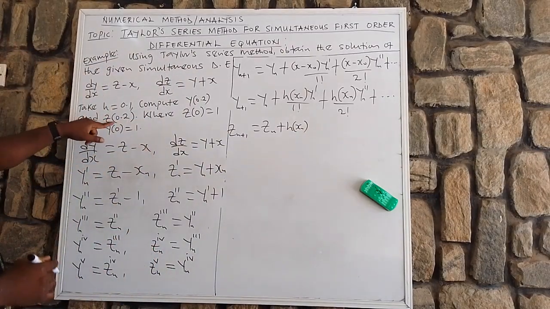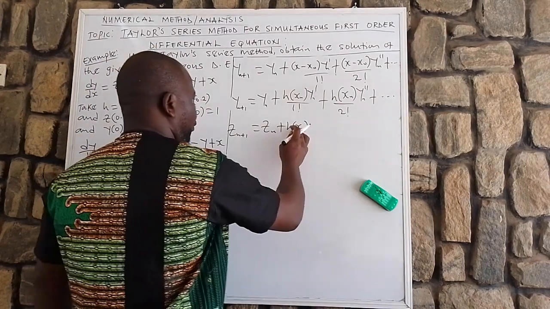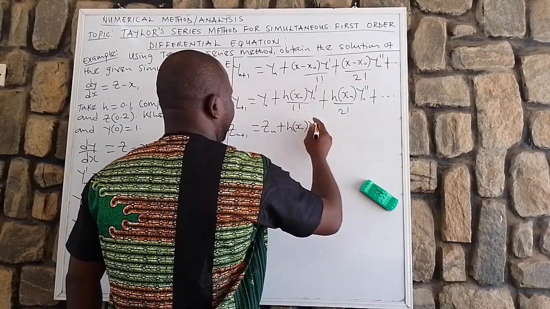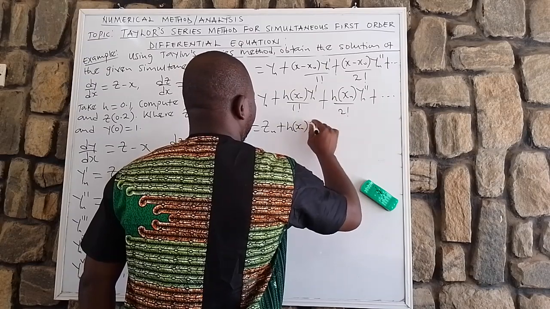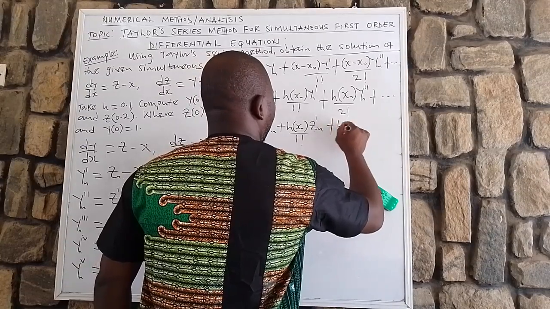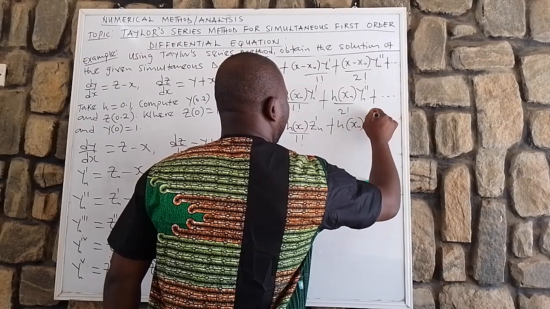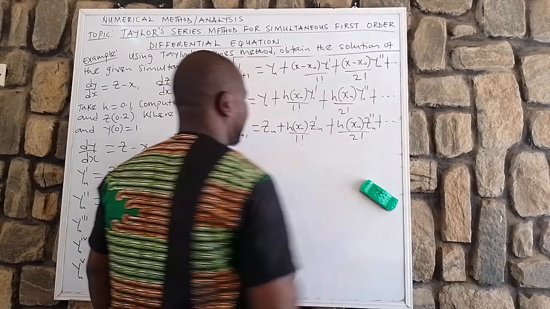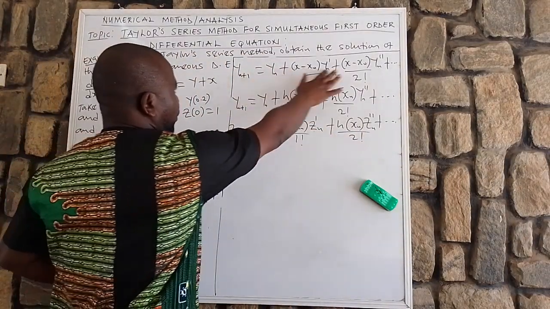All of them contain x naught, x1, x2, so you must put x n. So take note of this formula. This is what we are going to use. We are not going to use this one.